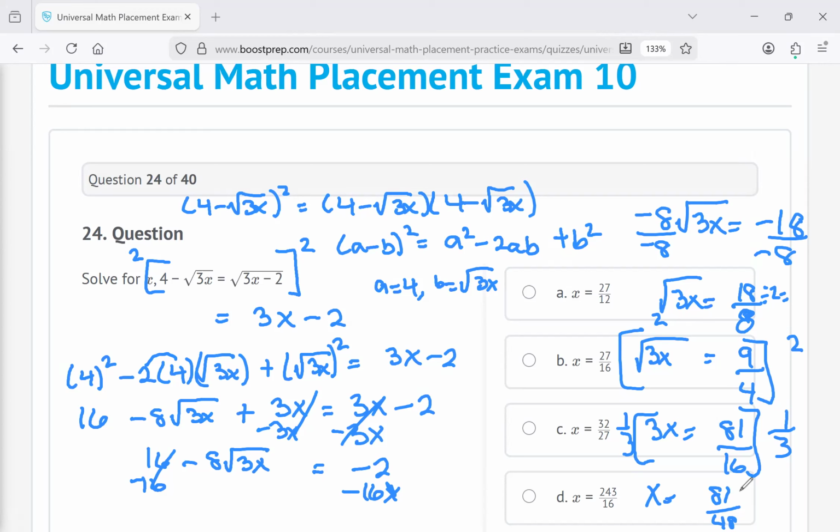Maybe it could be reduced by 3. 81 divided by 3 is 27, 48 divided by 3 is 16. Yes, so x equals 27 over 16.